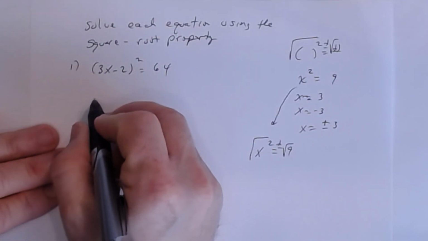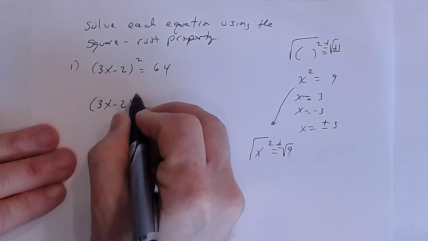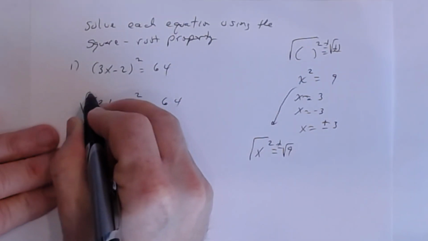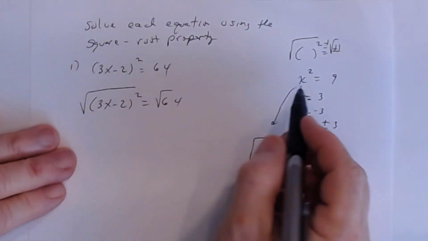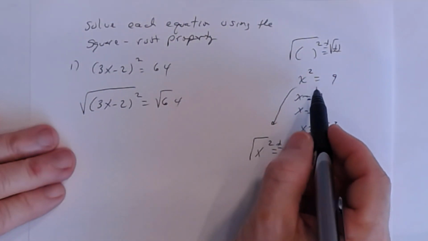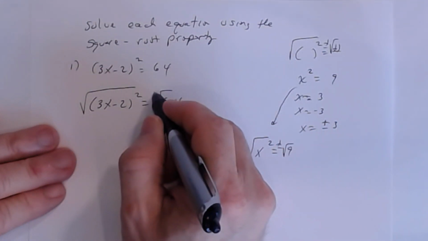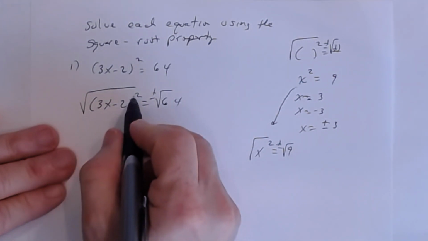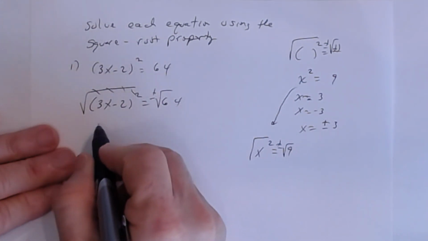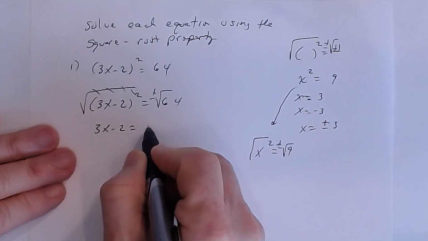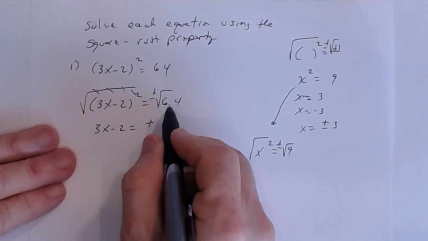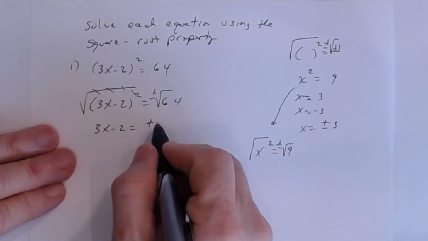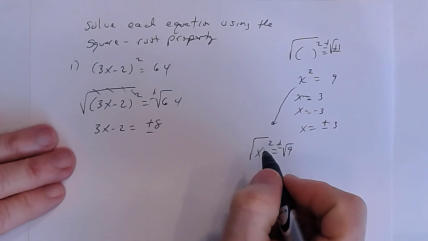So let me go ahead and rewrite this over. It's going to look like this. You can take the square root of both sides, but remember, from the example we just saw, you have to use plus or minus, because the square and the square root don't undo each other. So that means 3x minus 2 equals a positive 8, since the square root of 64 is 8, or a negative 8.